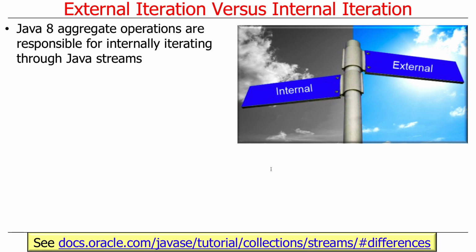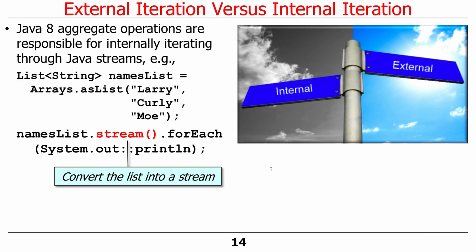With Java 8, you can now do internal iteration using a Java 8 stream. And here's a simple example. In this particular case, as you can see, we once again get ourselves a list of names. And then we're going to create a stream from this list, calling the stream factory method.